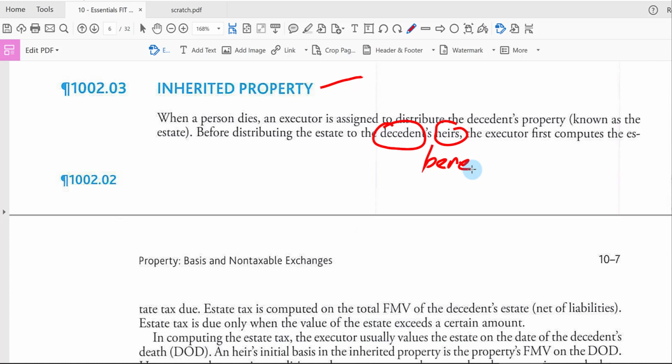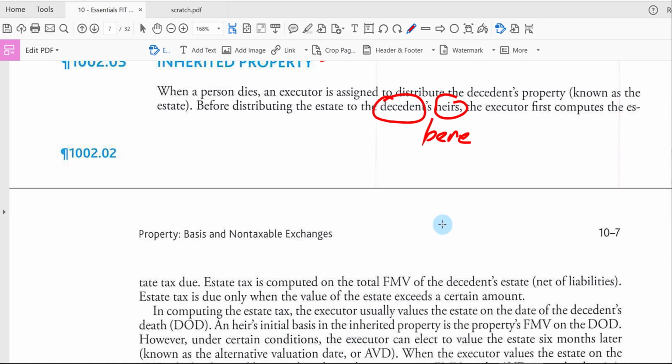Instead of having the decedent sell it, what you can do is have the decedent pass away owning the property. And now when the heir, the beneficiary, receives the property, they're going to have a cost basis that's what we call stepped up to the fair market value at the date of the decedent's death.